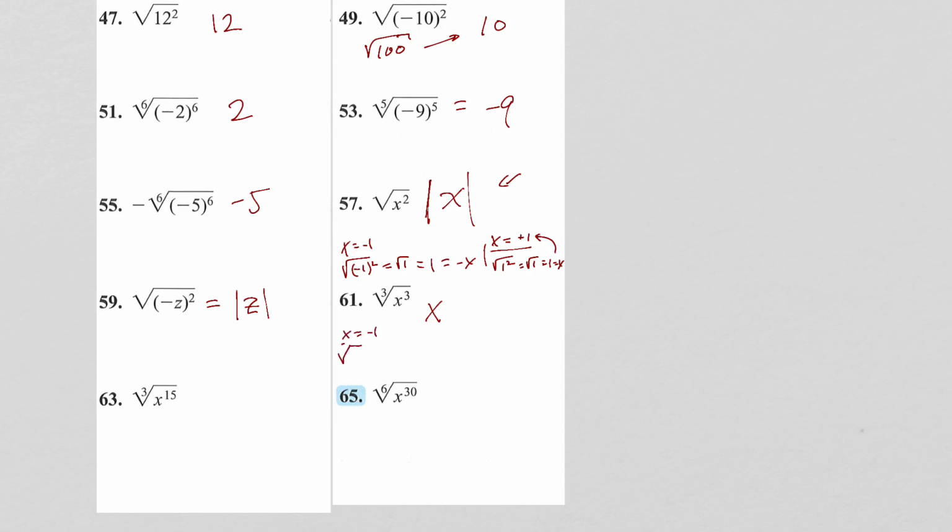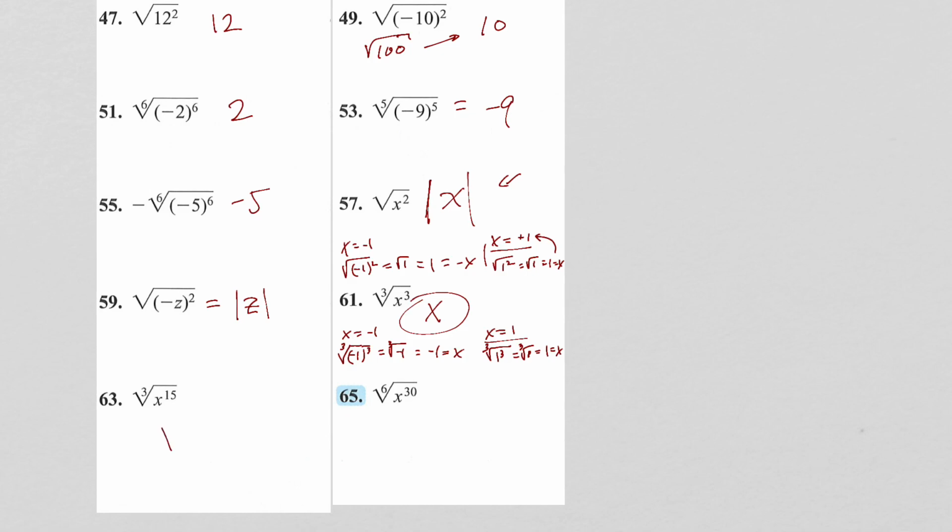This would be the cube root of negative 1 cubed, which is the cube root of negative 1, which is negative 1, which is equal to x. If x were equal to positive 1, you'd have the cube root of 1 cubed, which is the cube root of 1, which is 1, and that's equal to x. In either case, it's equal to x. You don't need the absolute values like you do in the other ones.